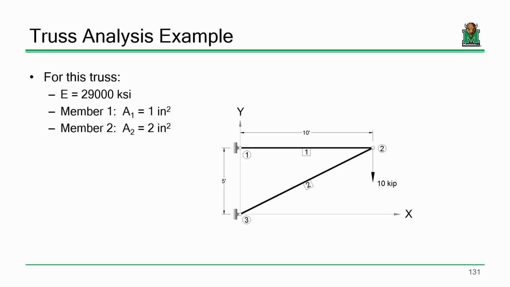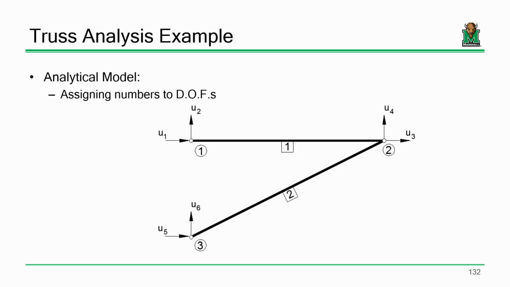Each member is going to have a 4 by 4, because each member has 2 joints, 2 displacements each, so 4 by 4. So we have 2 4 by 4 matrices that we must assemble in order to achieve a 6 by 6. Make sense?